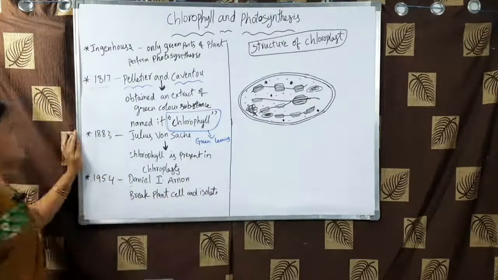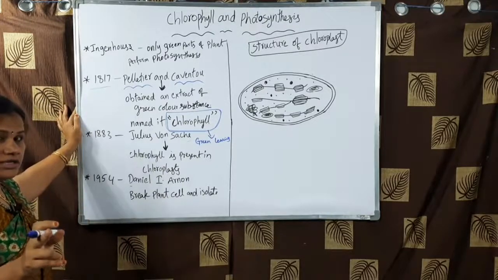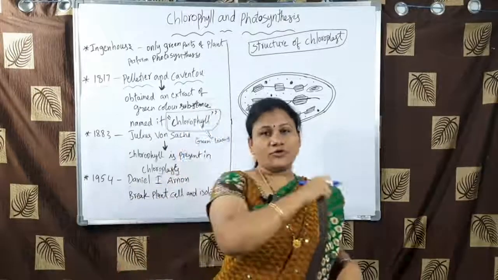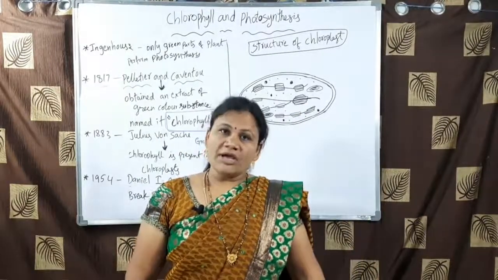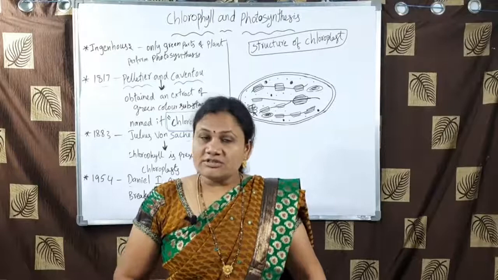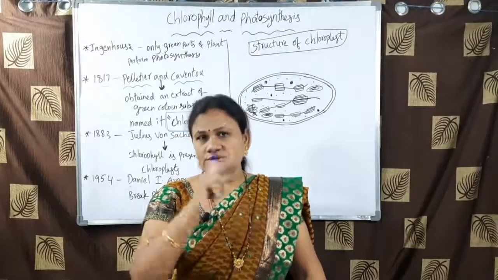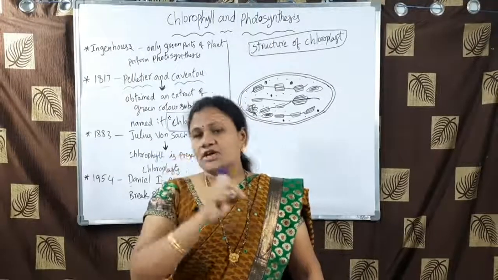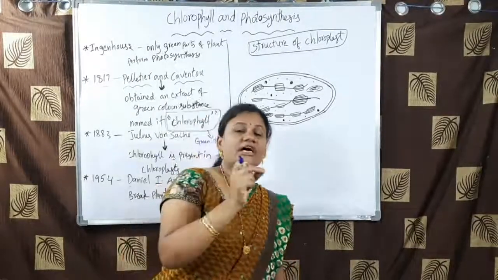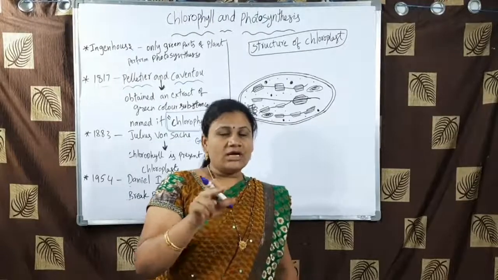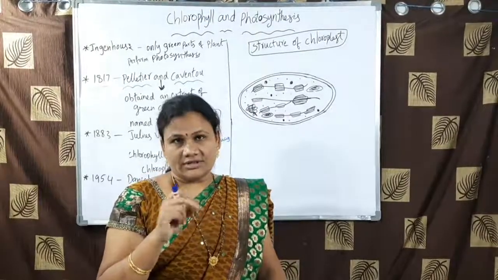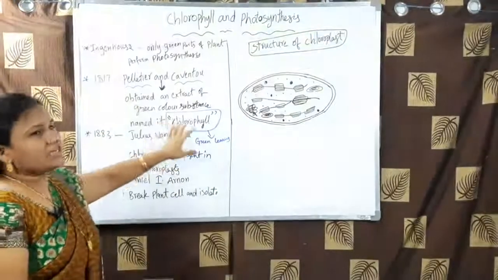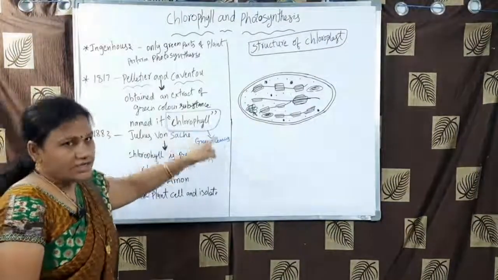Very important point: it was also found that pigments other than green could also aid in the process of photosynthesis by passing the energy trapped from solar energy to chlorophyll. Are you able to follow me? As I said before, green color is not the matter; it is just that this colored substance is green.